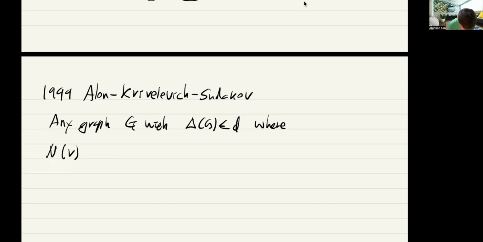So instead of containing no edges, it contains a small number of edges. It contains at most, say, d squared over f edges.